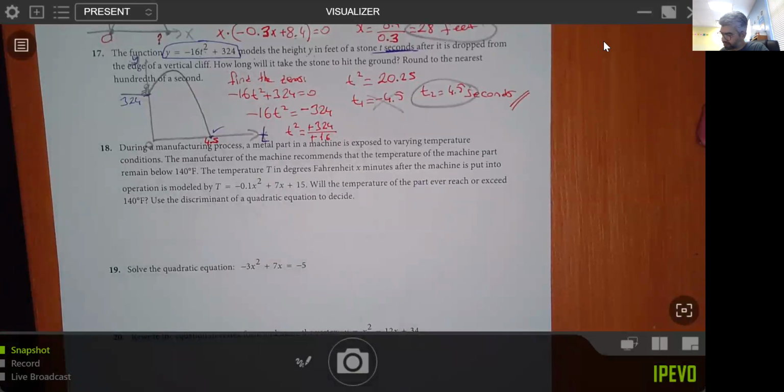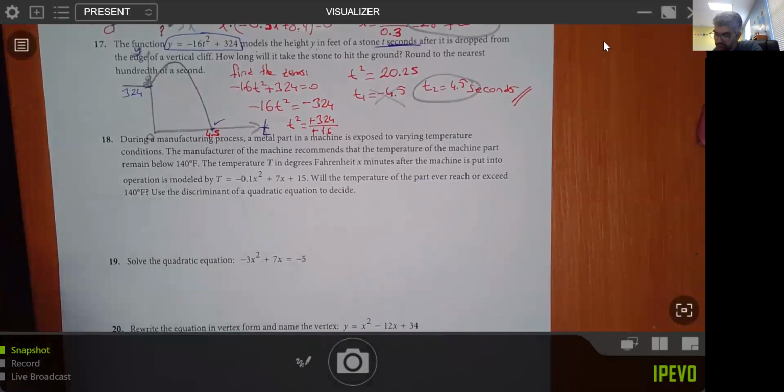Number 18. Wow, it's a long question. Let's read it. During a manufacturing process, a metal part in a machine is exposed to varying temperature conditions. Okay.